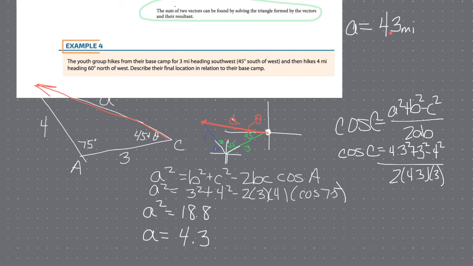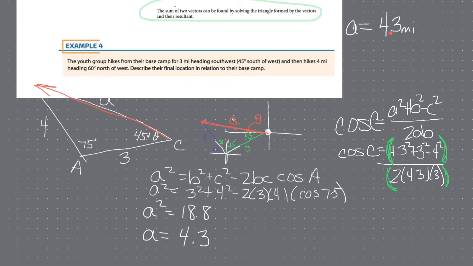Okay, so I just realized I had an input error on my calculator. If I have an input error, I'm sure you do as well. Remember when you put it in your calculator to put this entire quantity in parentheses and then divide by the entire quantity in the denominator. I forgot to do that, and it was dividing just 4 squared by 2 times 4.3 times 3, which was throwing my number off.